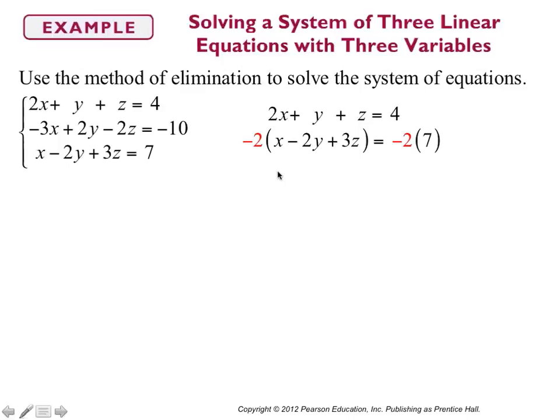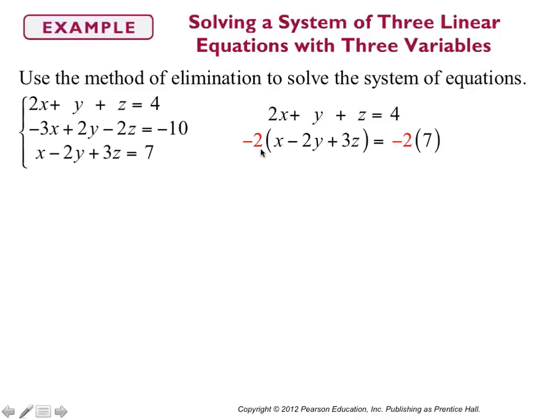It looks like we're eliminating x's in this case, which is fine. So we have our first equation, 2x plus y plus z equals 4, and then we've taken our third equation and multiplied everything by negative 2, because we're going to have a positive 2x and a negative 2x, and those are going to cancel.